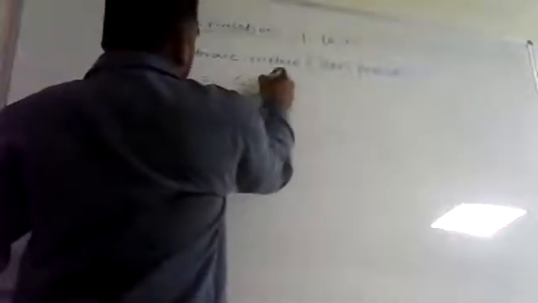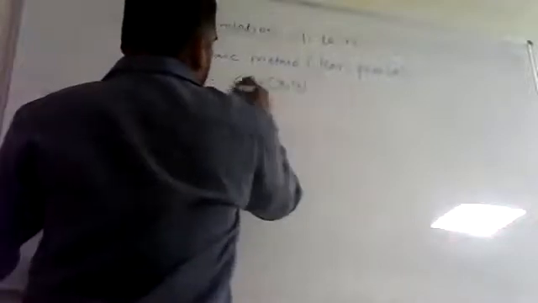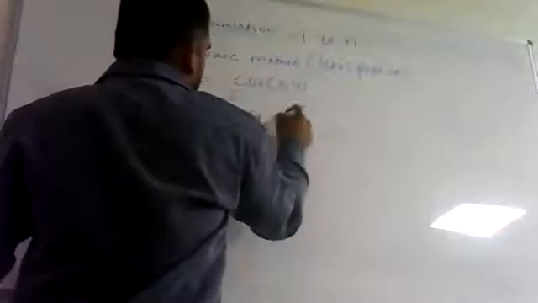It is given by Rxy, the correlation between x and y, which is given as covariance of xy divided by under root of variance of x into variance of y.